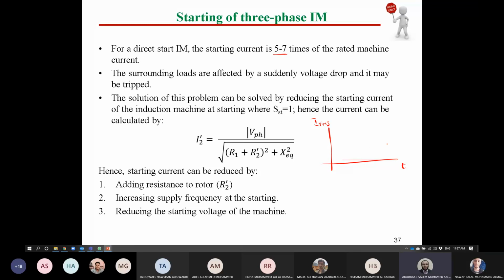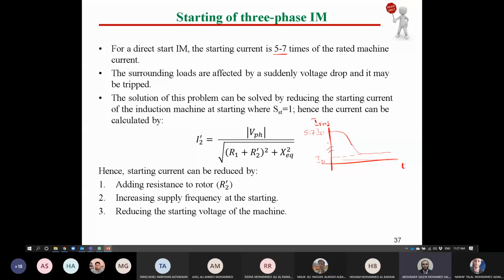Again, guys, if this is the value of current at starting, after a few cycles according to the machine time constant, the current will be reduced like that. So if this is the value of I full load, the starting value is expected to be from 5 to 7 times I full load.